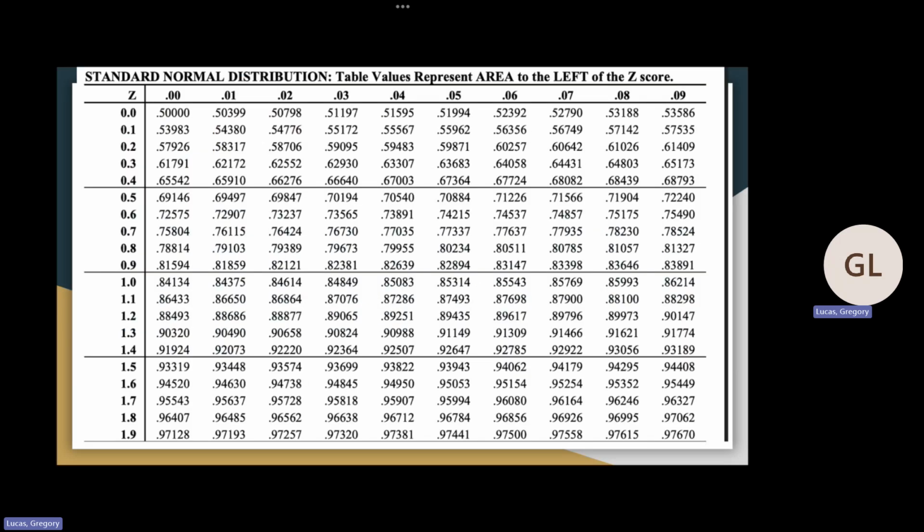I think I put one in. Yep. So we have 1.96 we'll look at. 1.96 would be right here. 0.975. So that means the probability is 97.5% that it's going to be to the left.